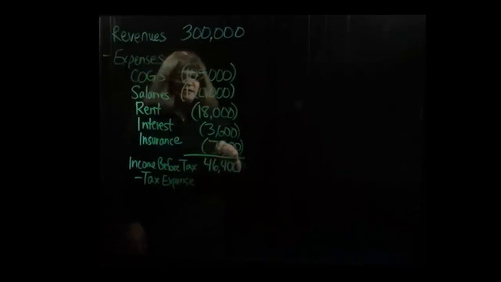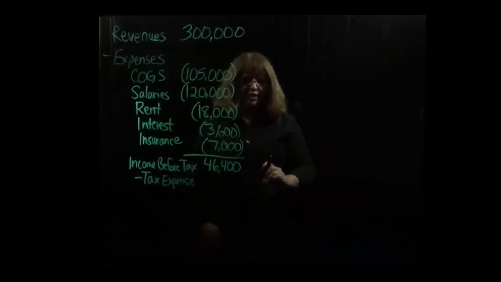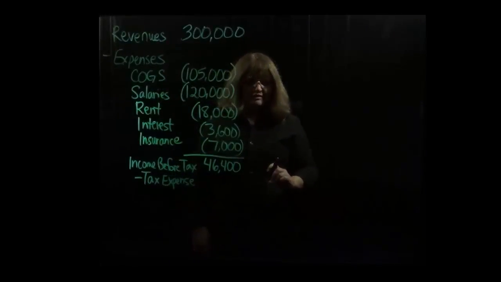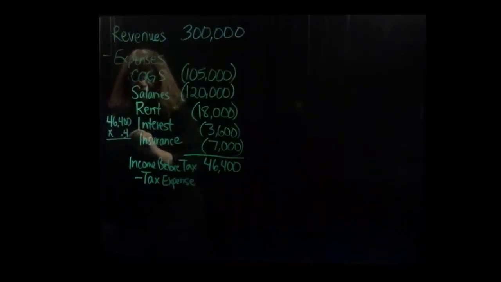Our tax expense is going to be calculated as our income before tax multiplied by our tax rate, which in this case is given to us as 40%. And so if we take that $46,400 and multiply it by 0.4, which is 40%, that's going to give us our tax expense of $18,560.